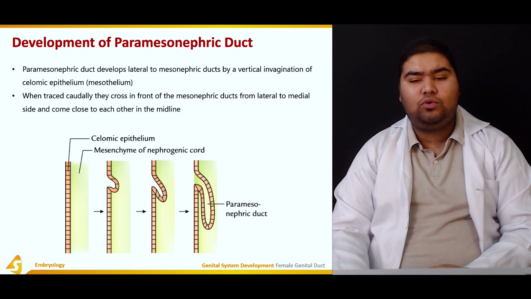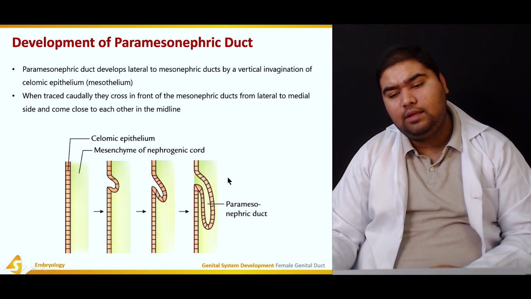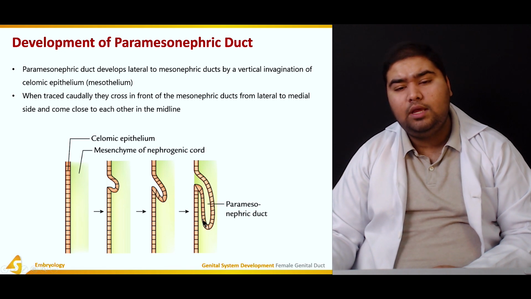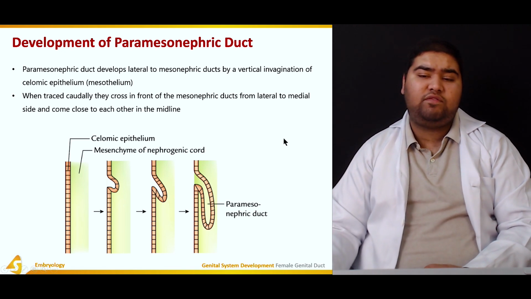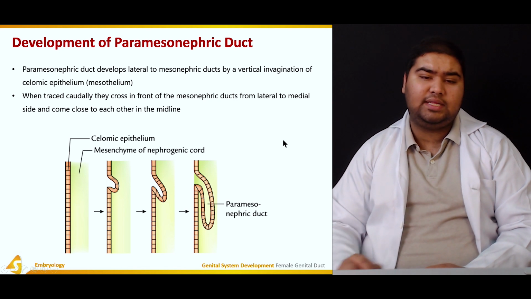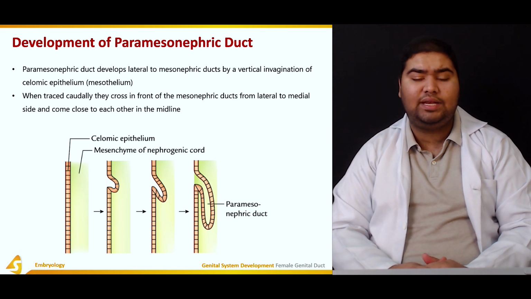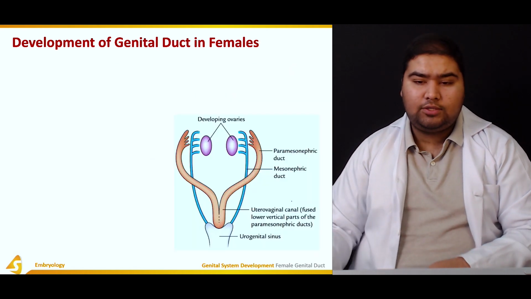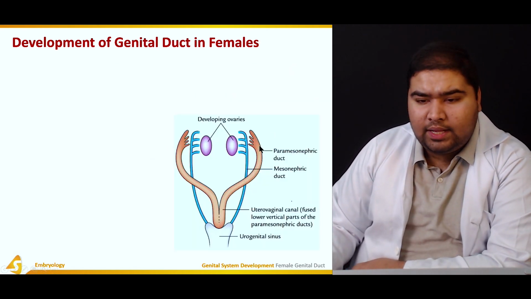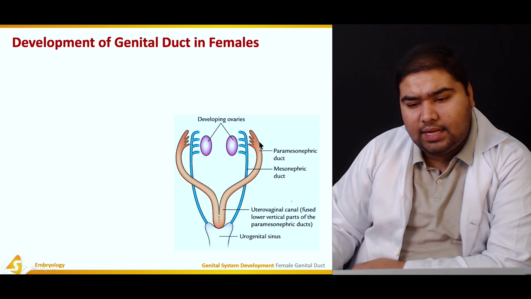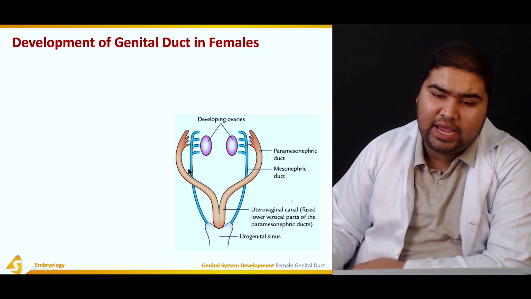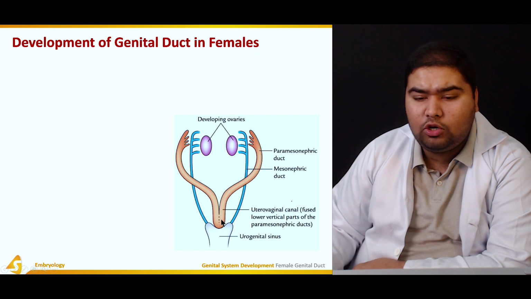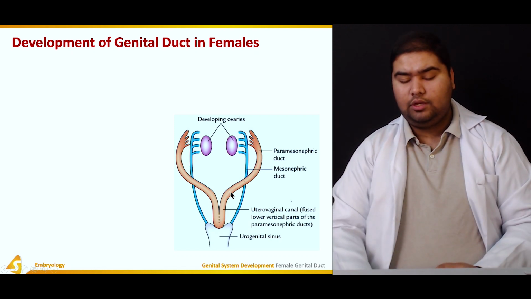When traced caudally, they cross in front of the mesonephric ducts from the lateral to the medial side and then come close to each other in the midline. Here you can see that when these paramesonephric ducts are traced caudally, they first lie in front of the mesonephric ducts and then come to lie close with each other.